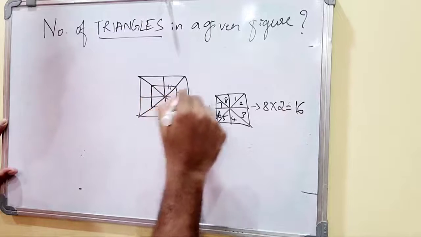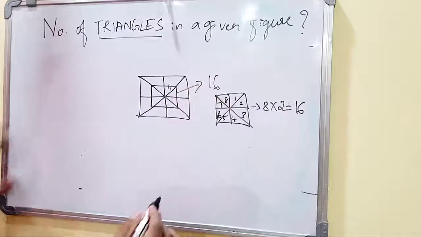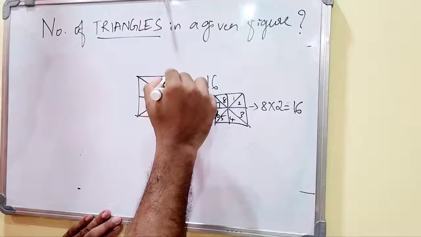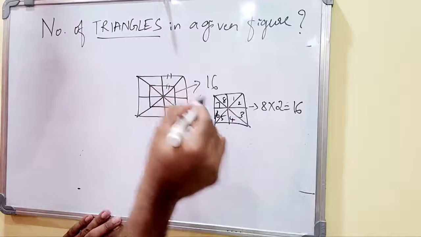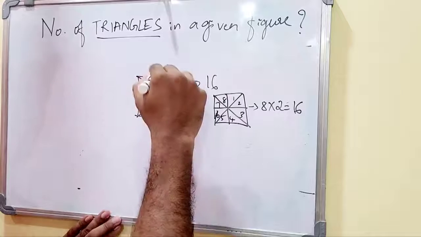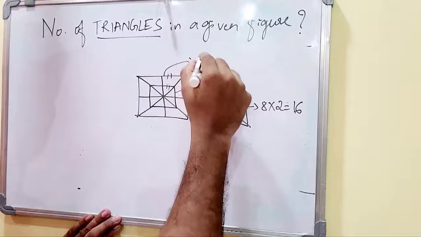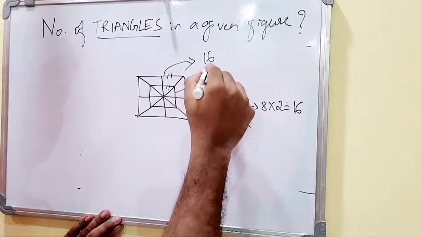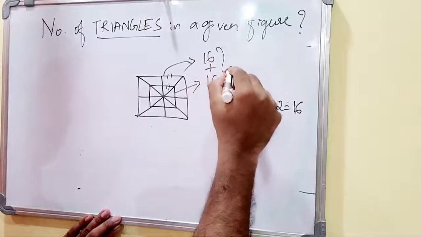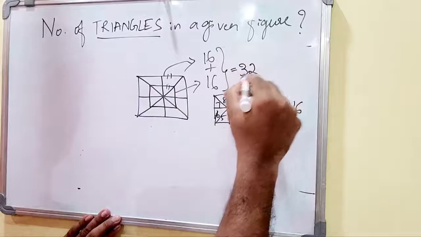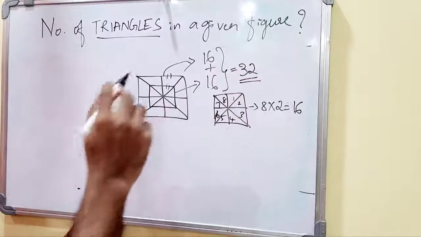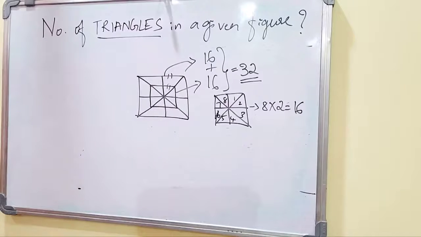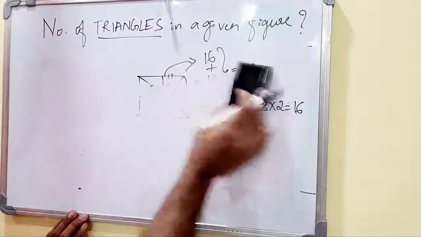So this contributes 16. Again, this figure is also of the same nature, so even this figure contributes 16 triangles. So 16 plus 16, these two contribute 32 triangles. So the whole figure contributes 32 triangles. Next question.